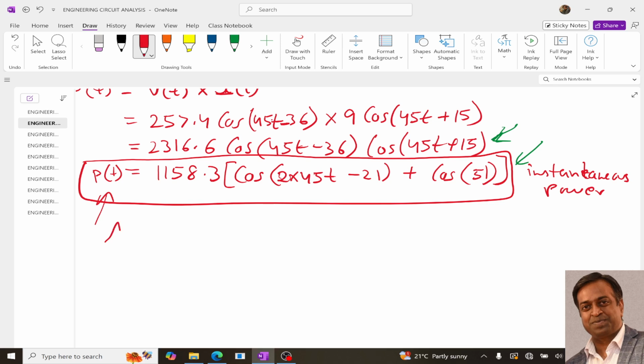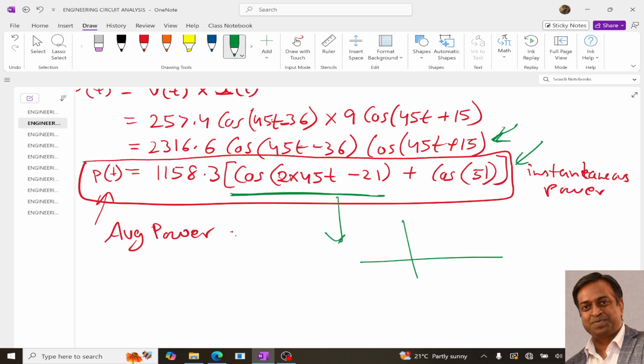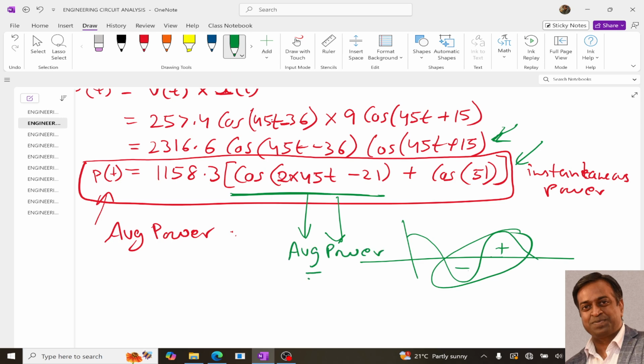The cosine term is a sinusoid, so the graph will be something like this. Since these sine waves repeat, the minus and plus parts cancel out each other, so the average power for this term will be 0.